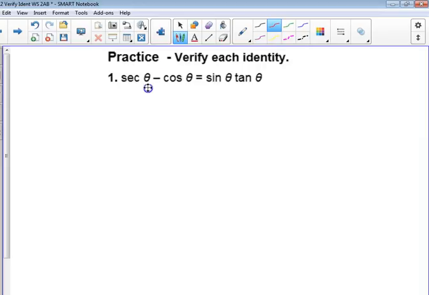So I'm going to leave the right-hand side alone, and somewhere at the end of this problem, I need it to say equals sine times tangent. All right, what do you want to start with? Change it to sines and cosines. So secant would be 1 over cosine minus cosine.